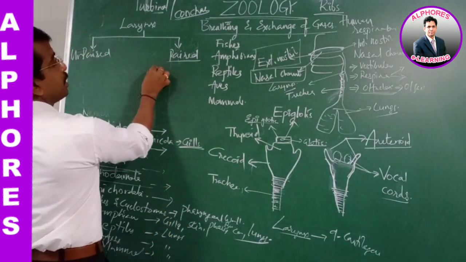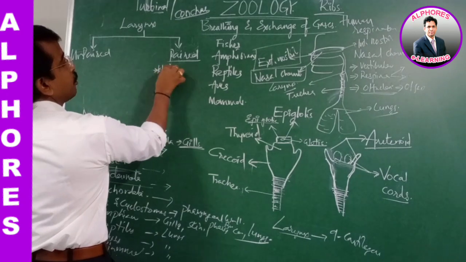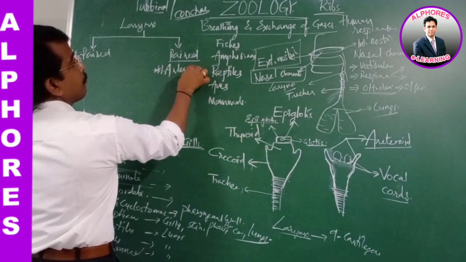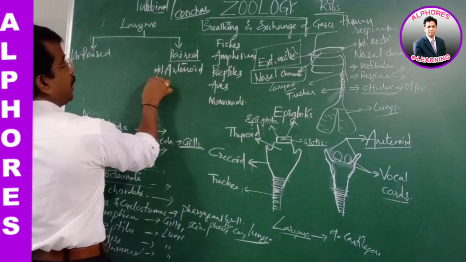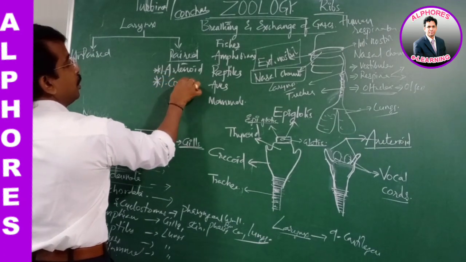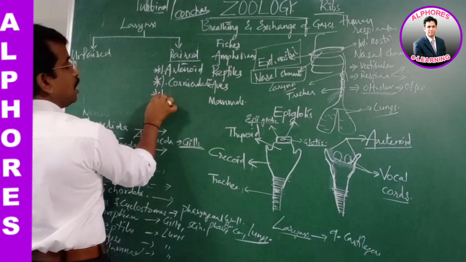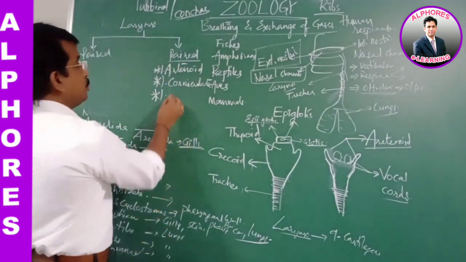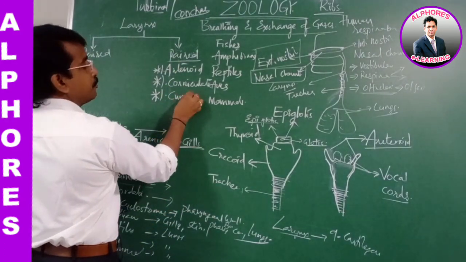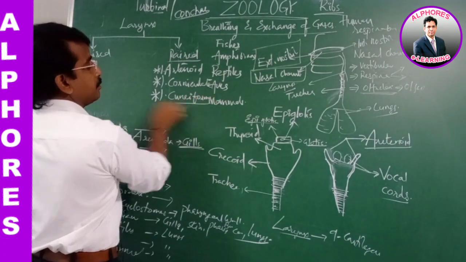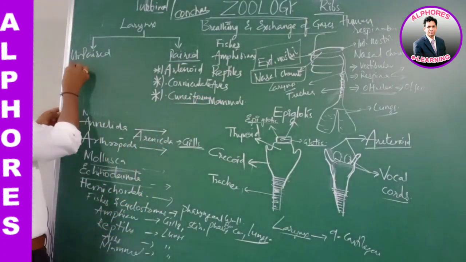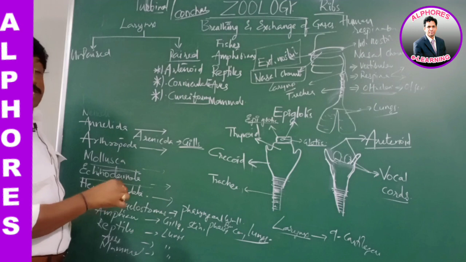So the paired include the arytenoid, corniculate, also called Santorini, and cuneiform. These are paired. Unpaired, so paired 3, in the sense 6.